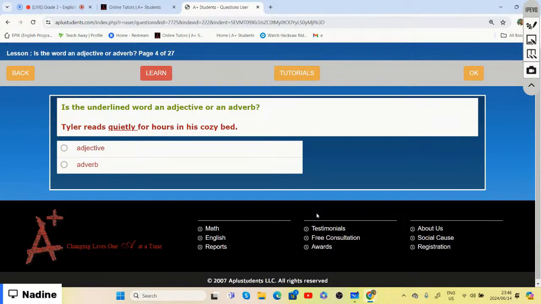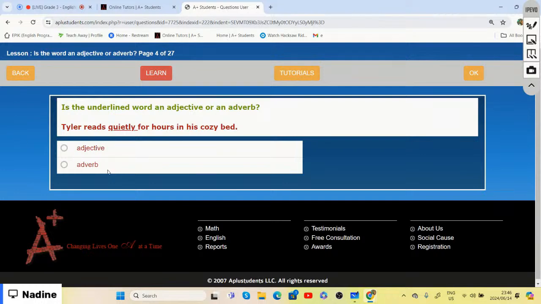Is reads a noun or is reads a verb? And quietly will tell us, it's an adverb, right?